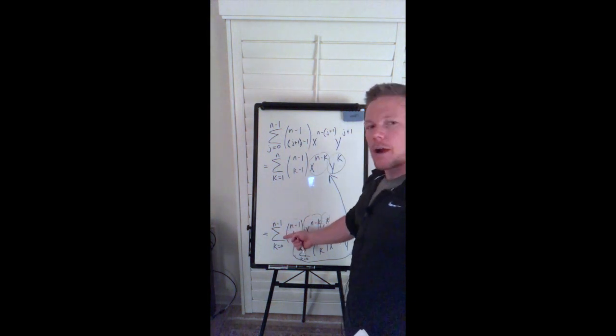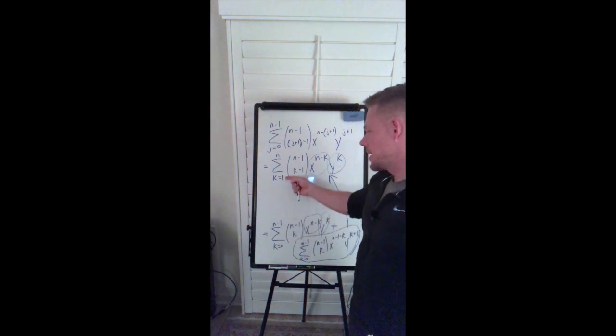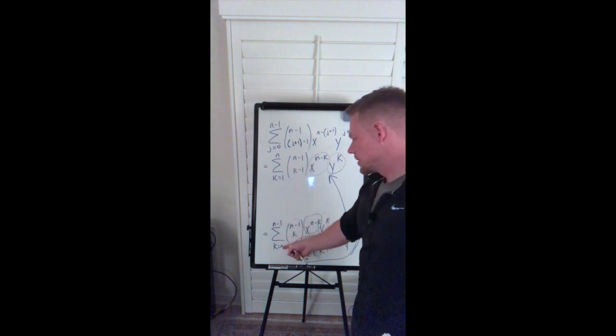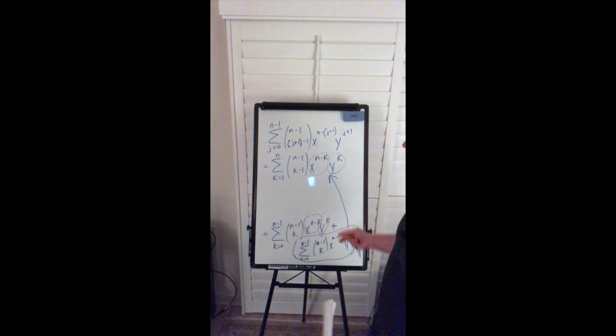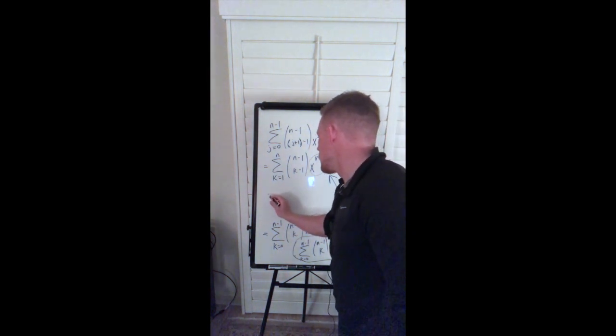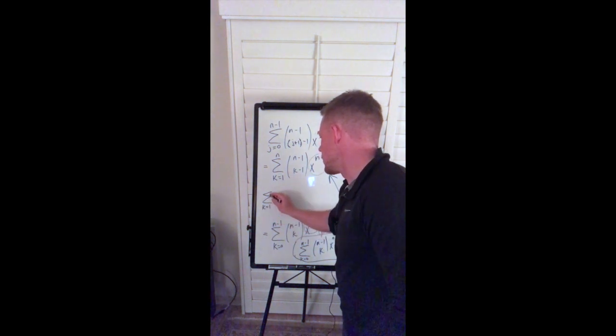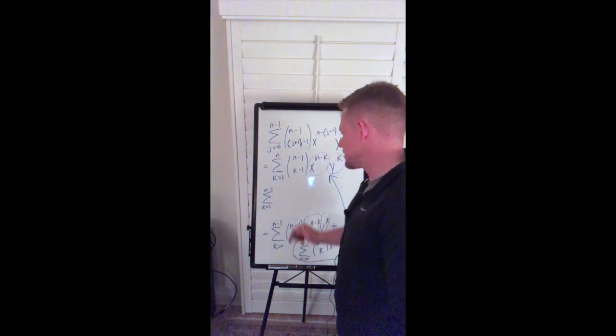If you think about it, we're actually overlapping on these sums from k equals 1 to n minus 1. We're only different on the 0 and the n. So let's just think about what we can combine. k equals 1 to n minus 1.